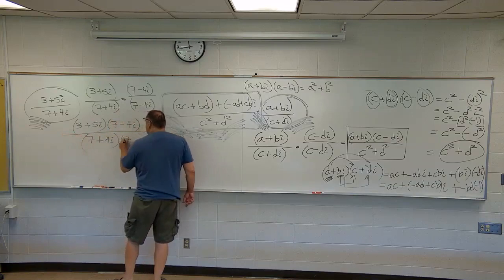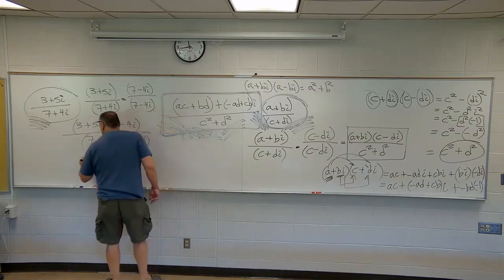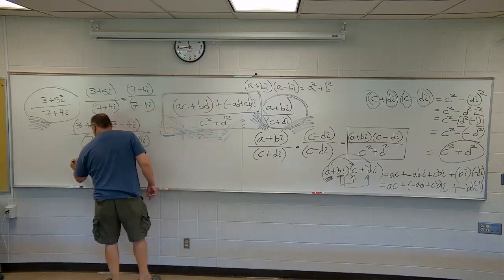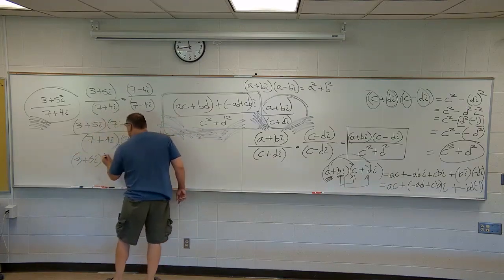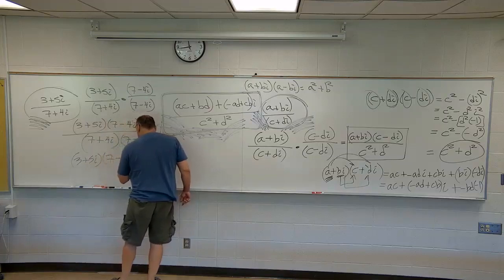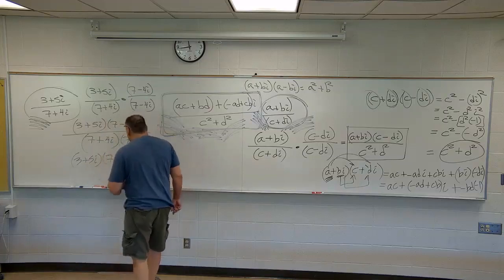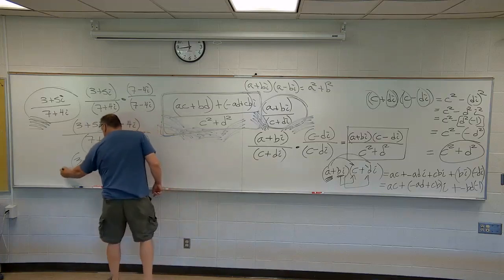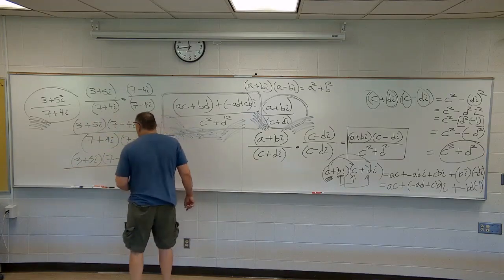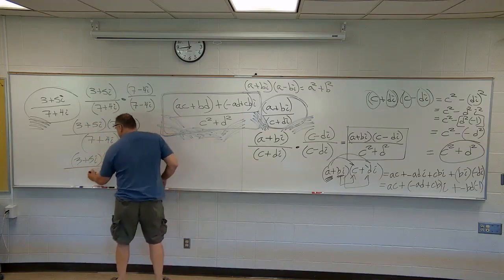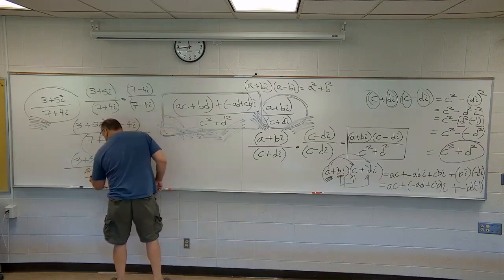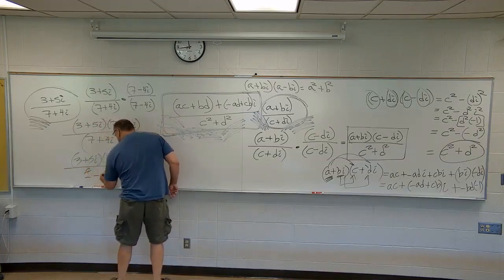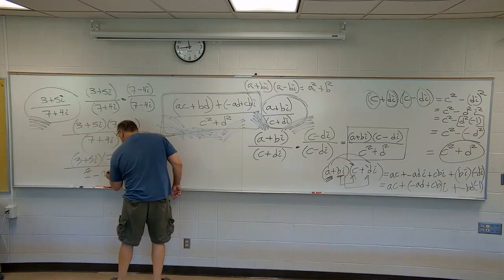This bottom guy is the difference of 2 squares. We've already kind of gone into that. You've got 3 plus 5i, 7 minus 4i. It's a difference of 2 squares, so it's 7 squared minus the quantity 4i squared.